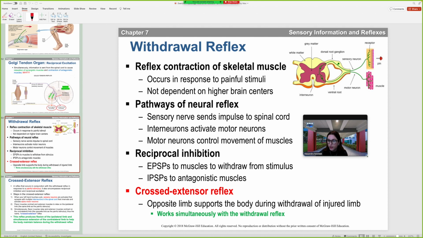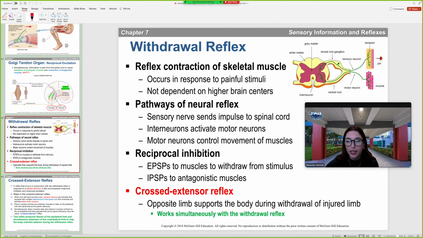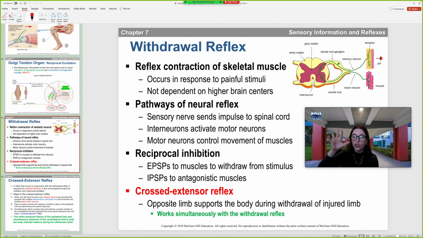Okay, I'll just put myself over here. Now, the withdrawal reflex, okay, this is a reflex that occurs in response to a painful stimuli. Okay, so if you put your hand on a hot stove, you have a reflex that's going to tell your hand to withdraw away from that painful hot stove.